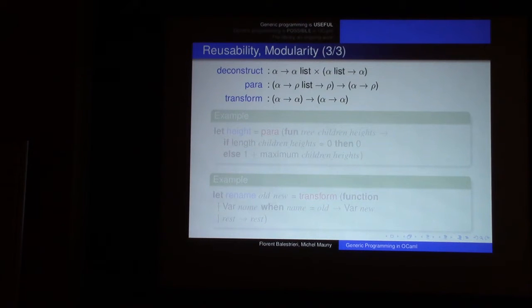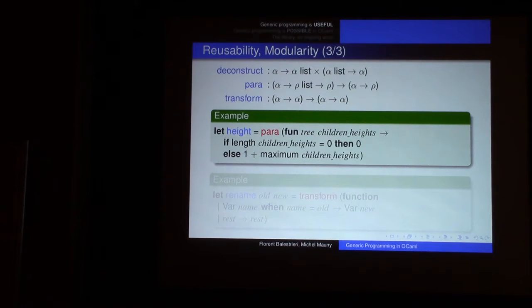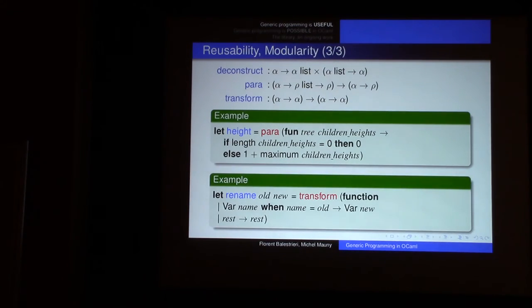Using this primitive, we derive many useful generic functions, amongst which one to compute a paramorphism. Using this para function, we can define the generic height function, and using the transform function, we can remove the boilerplate of our renaming variables. Transform takes a function and applies it on every node of the tree in a bottom-up traversal.